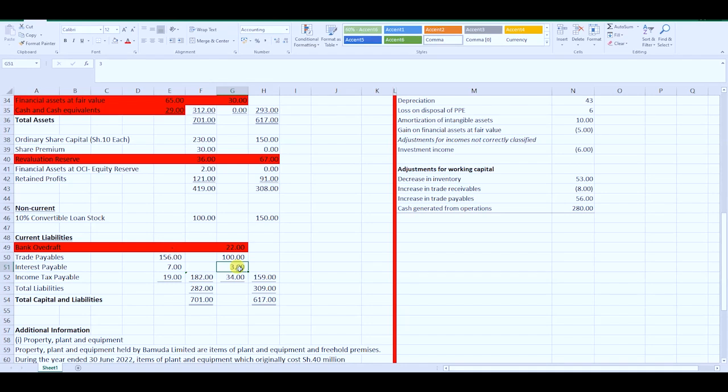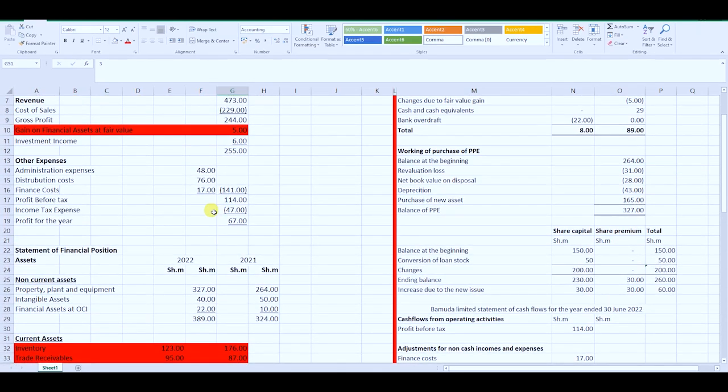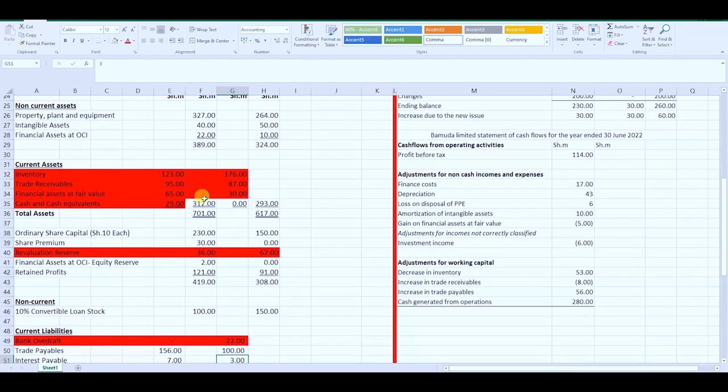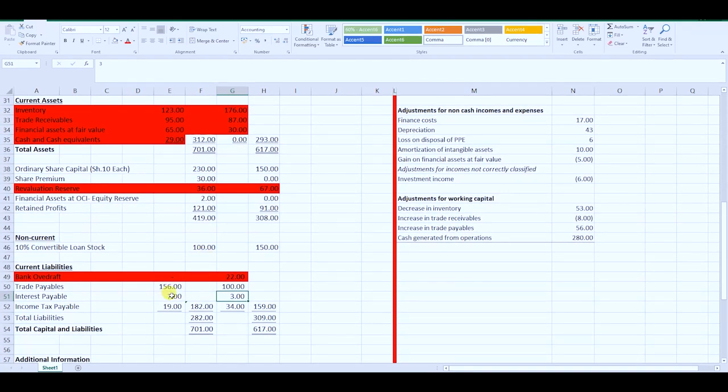It's this one, which is the interest at the beginning of 2021. Then you add these finance costs, and then you subtract the interest payable at the end of the year. So that now we can include how much interest was actually paid.